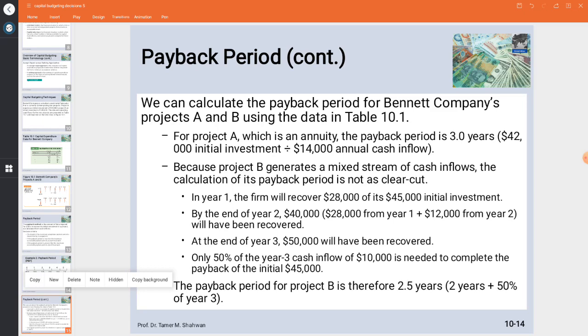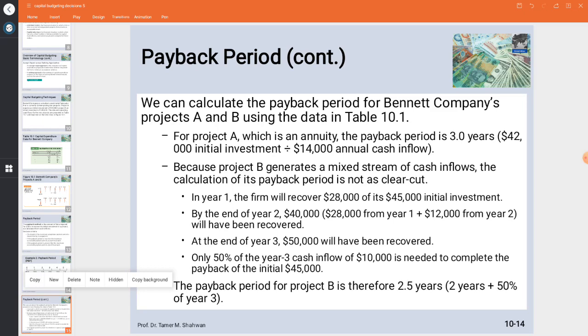This means that by the end of the second year we are going to receive the sum of 28,000 plus 12,000, so we already achieved 42,000 out of 45,000. So the remaining part, which is 5,000, will come from year 3.